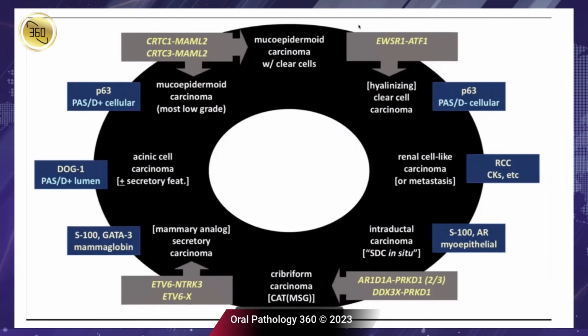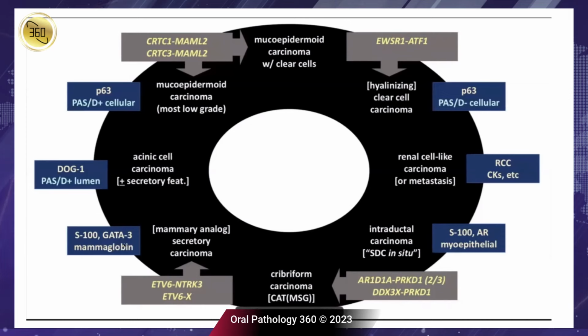All of these tumors have clear cell components, secretory components. And I think the way we tease these out now is through the immunohistochemical stains in the blue boxes. So I've already mentioned that P63 can be very, very useful for a mucoepidermoid carcinoma, DOG1 for acinic cell.